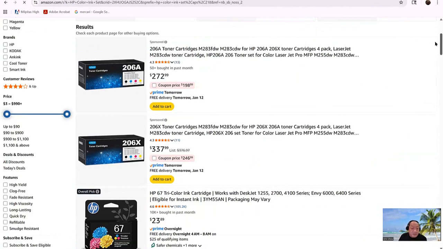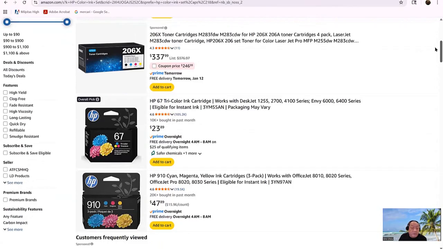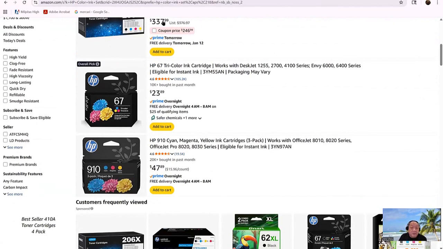Printers, yes. When you buy printer ink, it is cyan, magenta, and yellow. It's CMY and black, 4 colors. You remember that now? You saw this before, right?